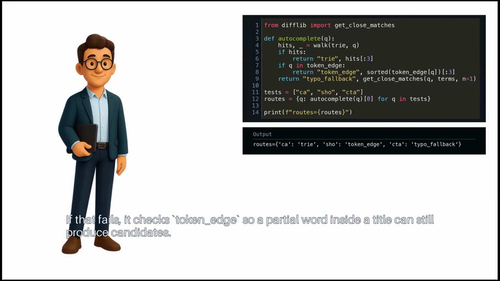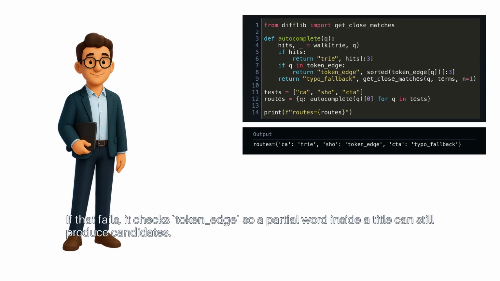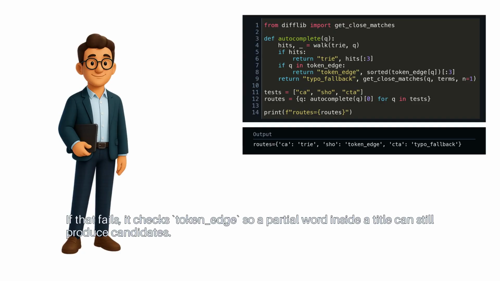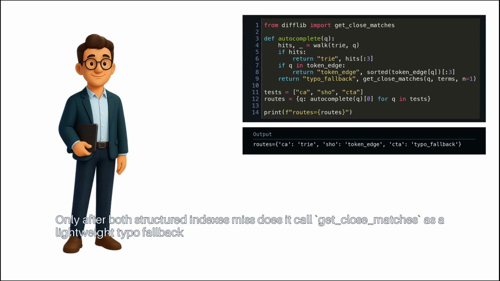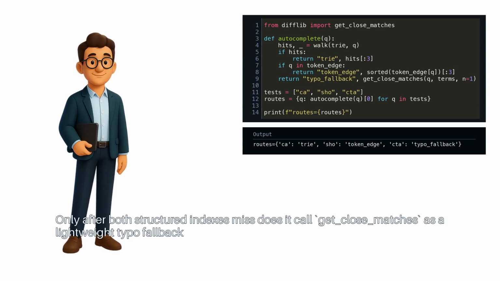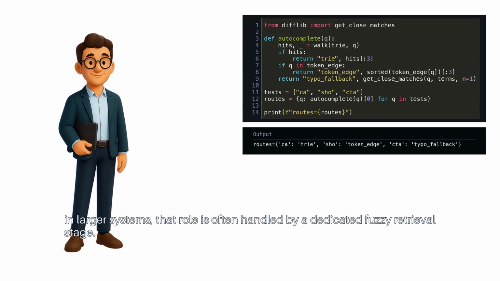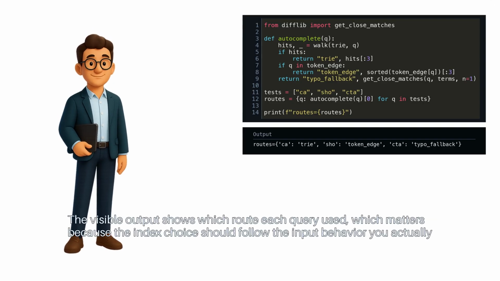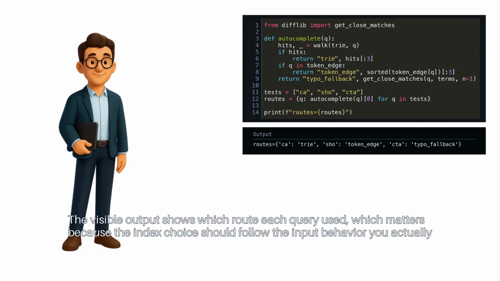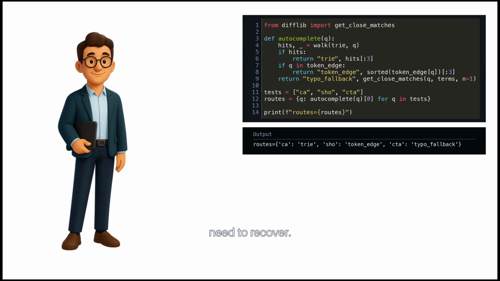If that fails, it checks token_edge, so a partial word inside a title can still produce candidates. Only after both structured indexes miss does it call get_close_matches as a lightweight typo fallback. In larger systems, that role is often handled by a dedicated fuzzy retrieval stage. The visible output shows which route each query used, which matters because the index choice should follow the input behavior you actually need to recover.